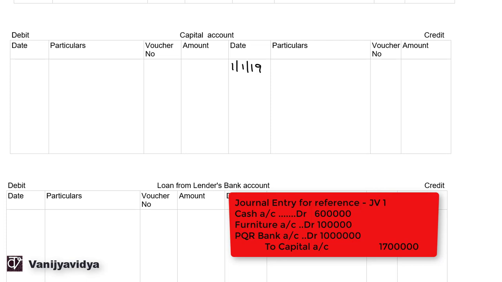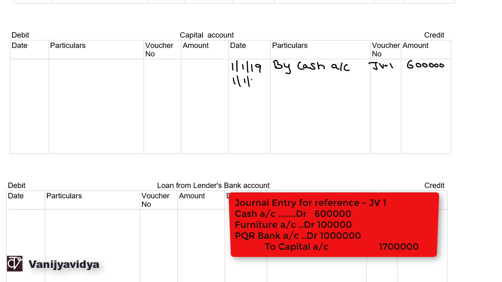One is cash account, one is furniture account and one is PQR bank account. So we will write all three accounts with the respective amounts on the credit side of capital account. When we write by, that means those accounts are debited in the journal entry. So by cash account, JV1, amount is 6 lakhs.